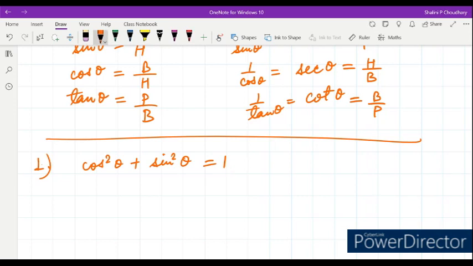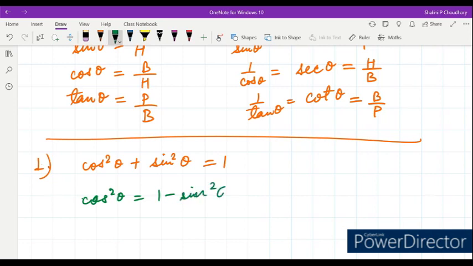Now the next thing that we are going to discuss is we'll derive one more formula. See cos square theta, so can we say that cos square theta will be equal to 1 minus sine square theta?